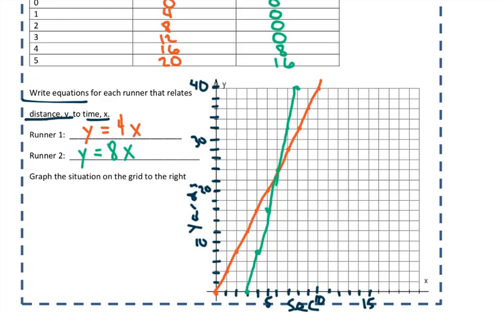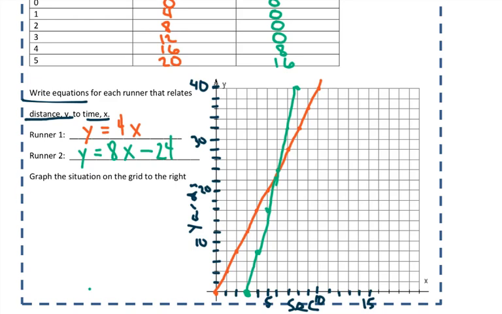Now if you look at the line, you know that it's going to eventually hit the y-axis in the negative values. So you have to think, how far would he have had to travel in 3 seconds to get to this 0 where he's starting? So in 3 seconds that he didn't travel, he would have gone 24 yards. So that means that the y-intercept is going to be down at negative 24. And that's the equation for runner 2.